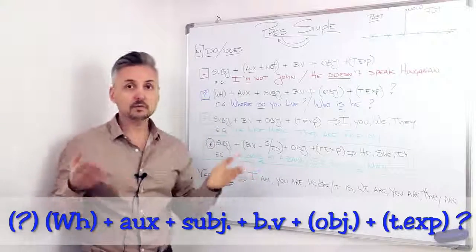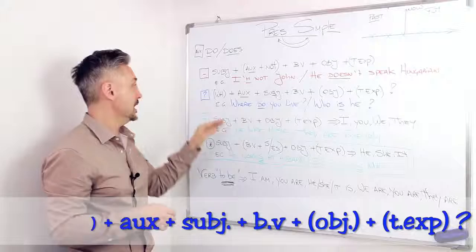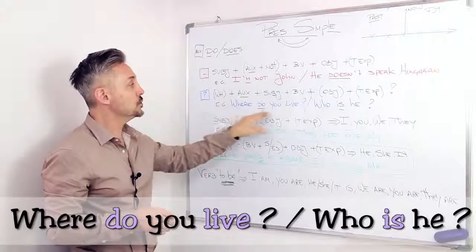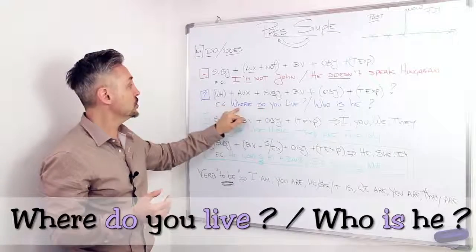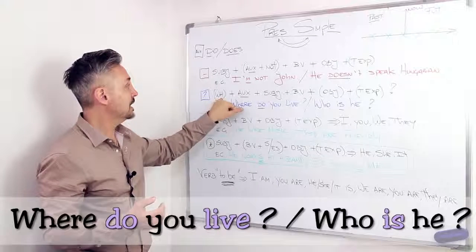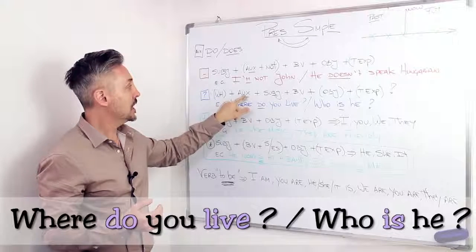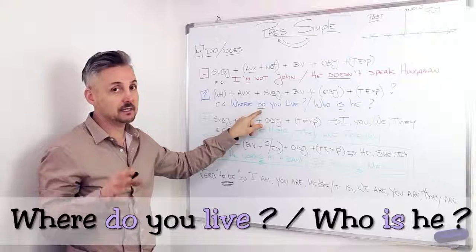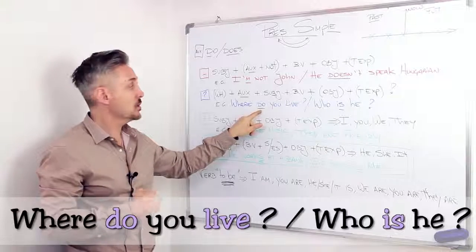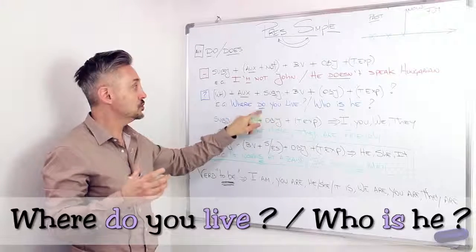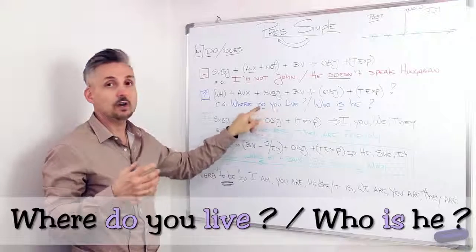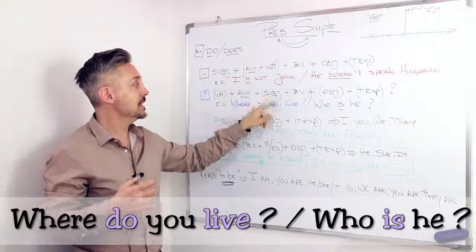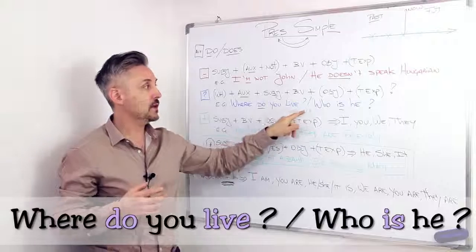I gave you two examples, also showing the verb to be. So, where do you live, for example? Where do you live? You can see where is the WH question word, auxiliary do, because it's not the third person singular. You would say do, you do, so do you, and then the base of the verb.